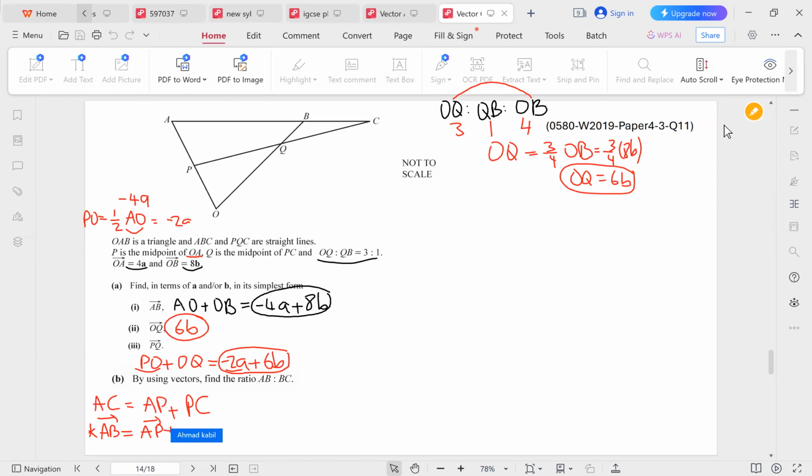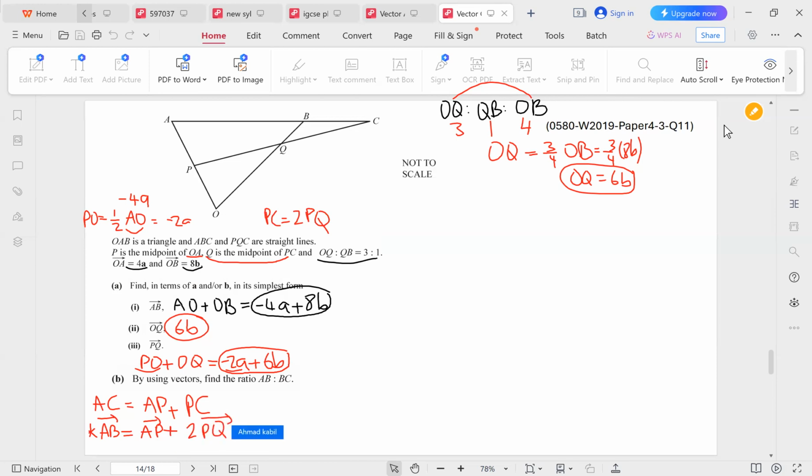And PC is an extension of PQ, and we know exactly what the extension is because we are given that Q is the midpoint of PC. So we can say that PC as a total is equal to 2 times PQ. So this would be just 2 times PQ.